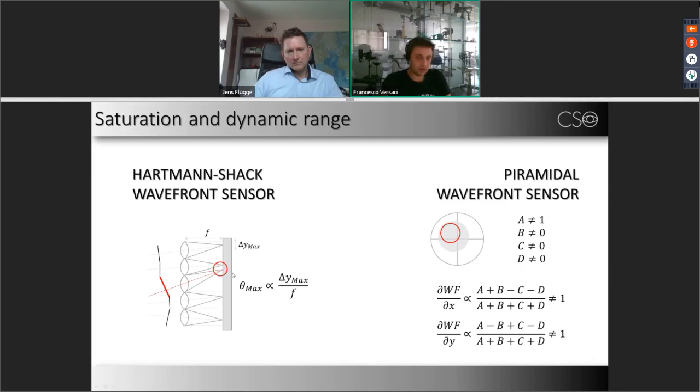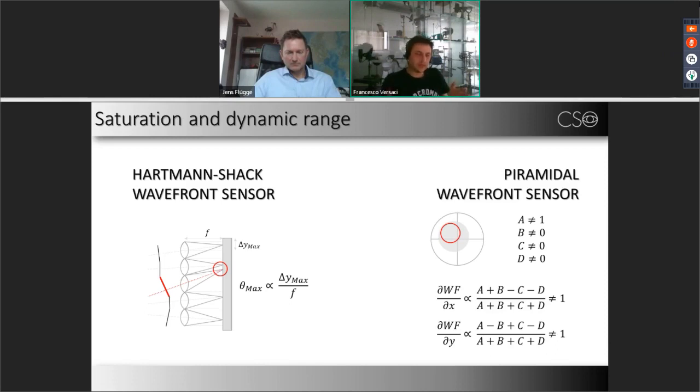What about the Hartmann-Shack wavefront sensor? We know that the maximum slope that we can measure is proportional to the size of each cell. So if I want to increase the dynamic range, so I want to reduce the probability of saturation, I have to increase this dimension, which means to increase the size of each lens, which means to decrease the number of points into the lenslet.